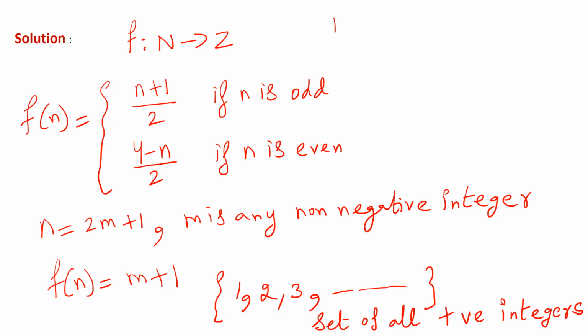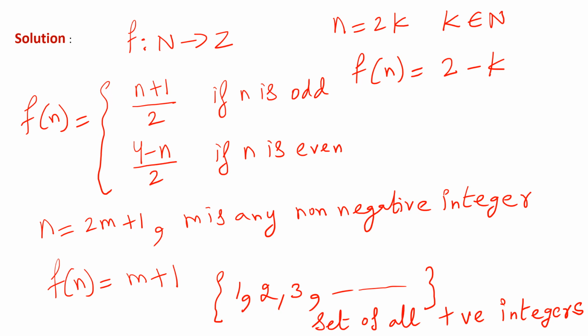Right? Now students, we consider the second case when n is even. Now when n is even, I can put n equal to 2k, where k is any natural number. That means k is any integer greater than or equal to 1. Now when we put n equal to 2k, then the value of f of n becomes equal to 4 minus 2k whole divided by 2, or 2 minus k.